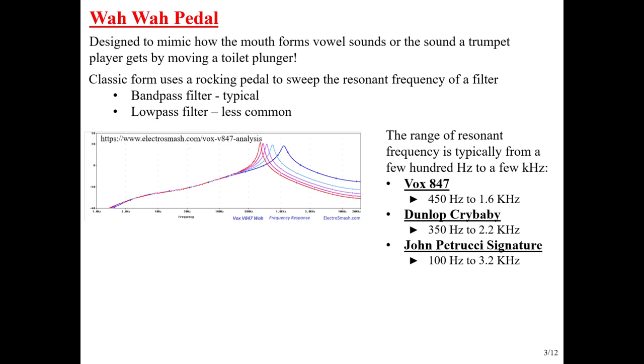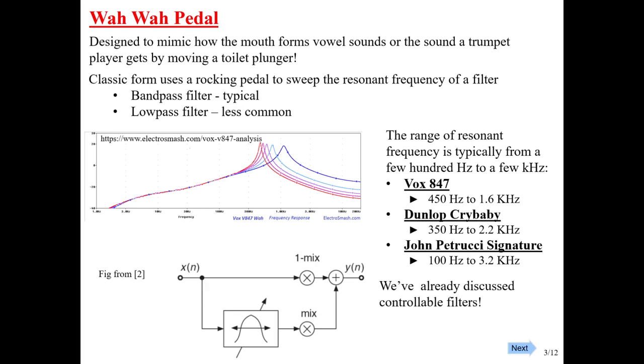Now, again, we're not going to go into a lot of the details of how exactly we do this, just kind of hitting the main ideas. So here's a figure from the DAFX book, kind of giving you an idea of how this might be done. So you've got a variable bandpass filter here with a mix control, and they do show a direct going in.